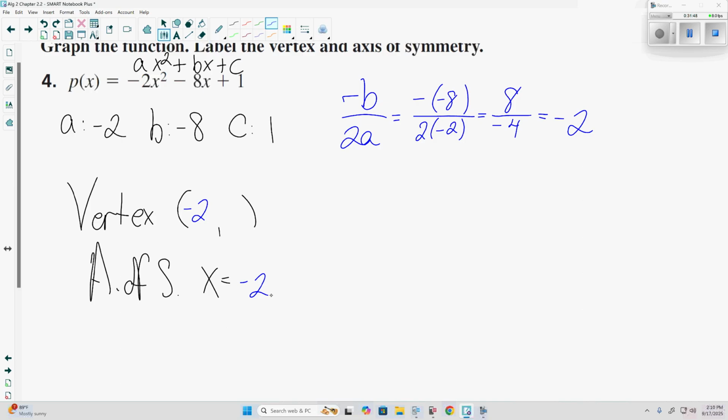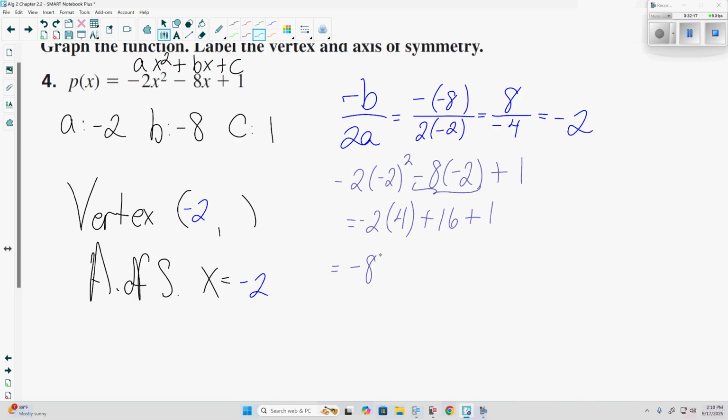At this point here, we have 2/3 of the answer. Now we just have to take that -2 and plug it back in. I'll go on and do this one by hand also. Our -2 squared, -2 times -2 is +4. -8 times -2 is going to be +16, +1. 2 times -2 times 4 is -8.